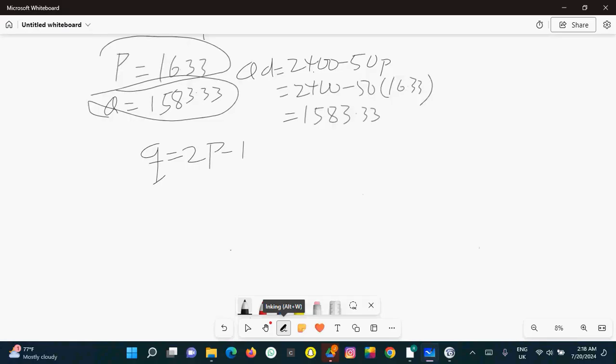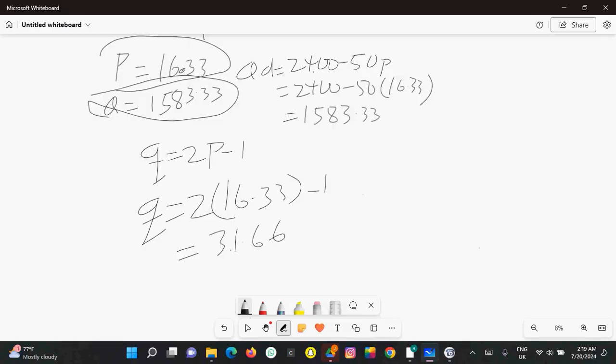So we put P as 16.33 into this equation. Q is equal to 2 bracket 16.33 minus 1. This is going to give us 31.66.